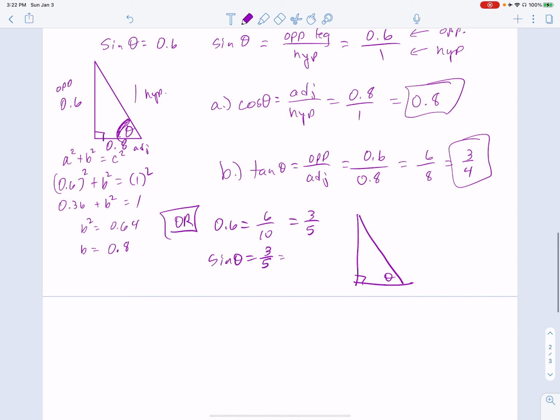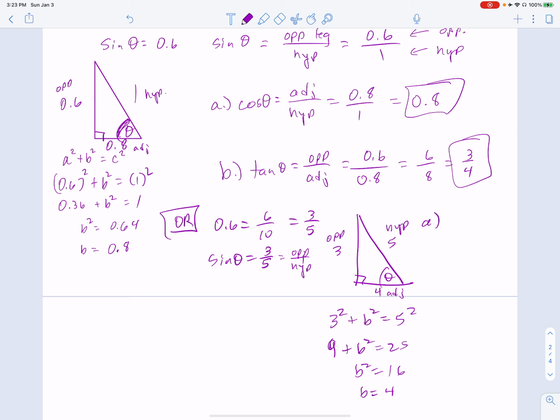And since sine is opposite over hypotenuse, if this is my reference angle, the opposite leg is 3, the hypotenuse is 5, and to find this other side, I could use 3 squared plus b squared equals 5 squared, and I get 9 plus b squared equals 25, or b squared equals 16, and b is 4. And figure out this side is 4.